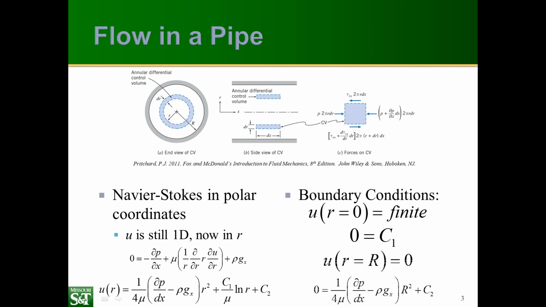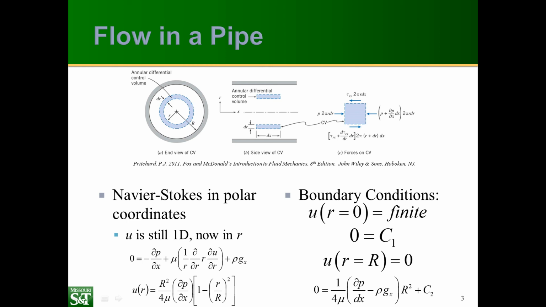The second boundary condition is the no-slip condition at the wall, where the velocity must be 0 at the wall. And so that gives us u equals 0 when the radius is the pipe radius. And this allows us to find C2, which we can then substitute to find the velocity as a function of r.